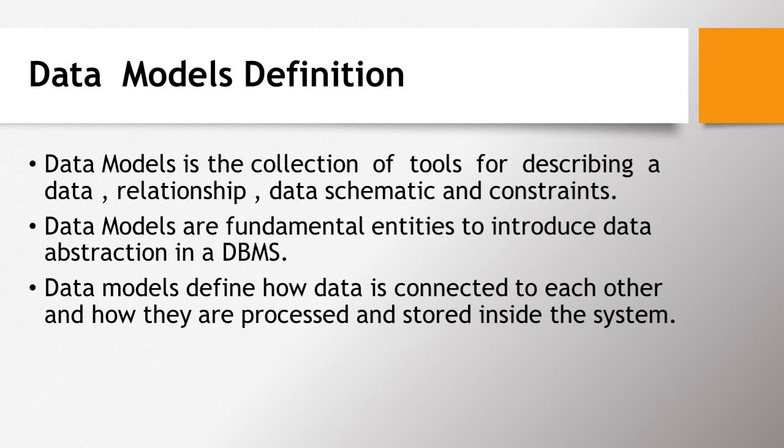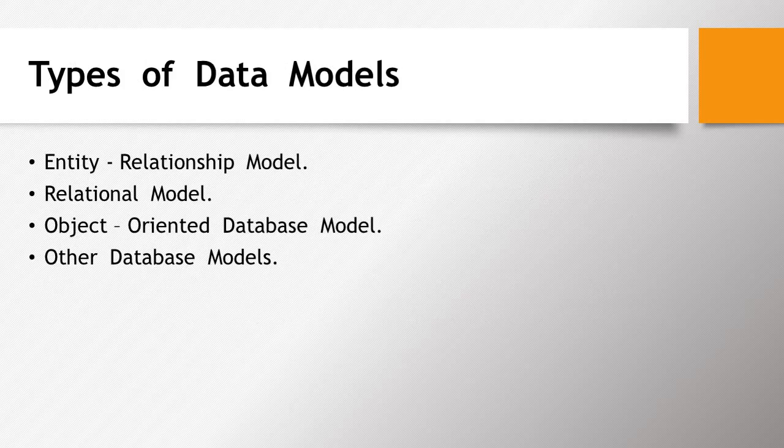This data model defines the logical structure of a database to be modeled. It also defines how the data is connected to each other and how they are processed and stored inside the system. So now we are going to see the topic types of data models.